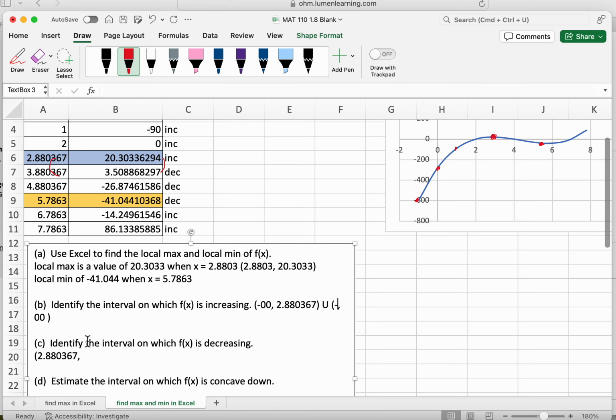All right, we were putting the x values in. 5.7863. We always put the x values in our intervals. Sorry about that. Okay, all the way up to this one here. 5.7863.